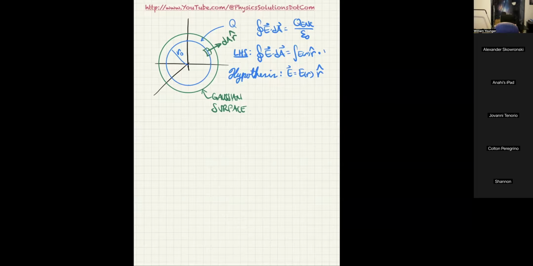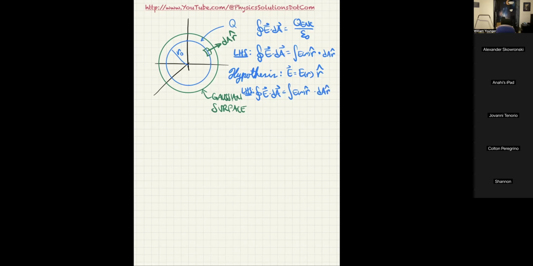So I'm going to write this as dA r hat. So left-hand side again. I should have written that down there, but I'm just redoing it now. So the left-hand side, E dot dA, is equal to the integral of E of r hat dot dA r hat.